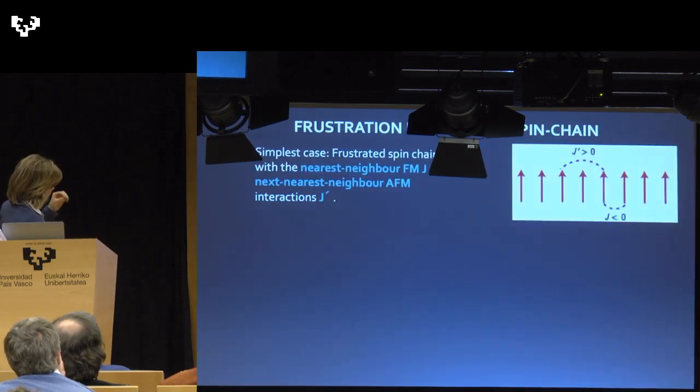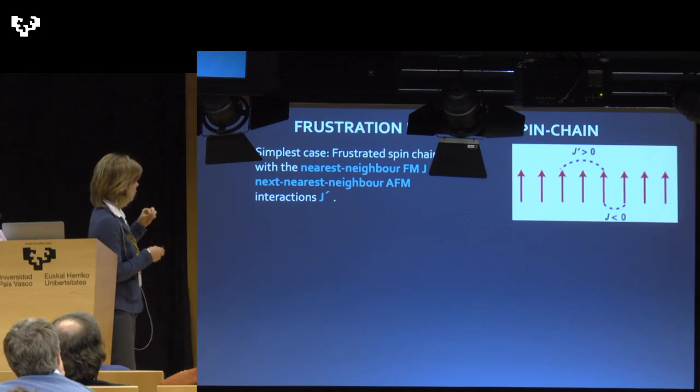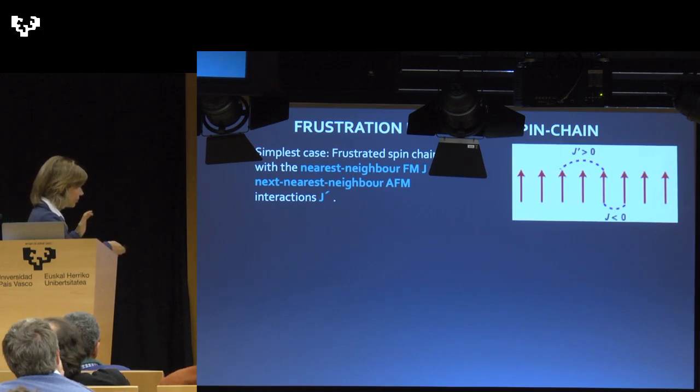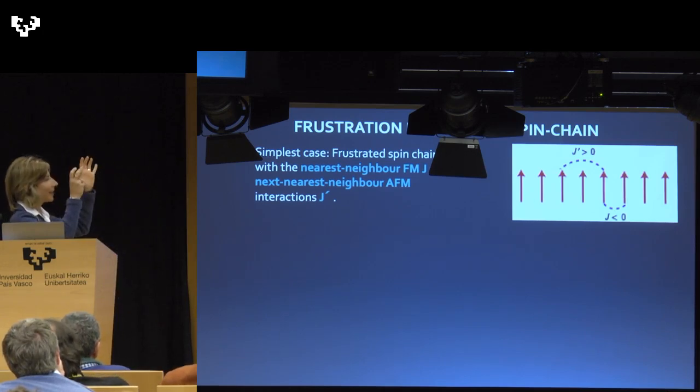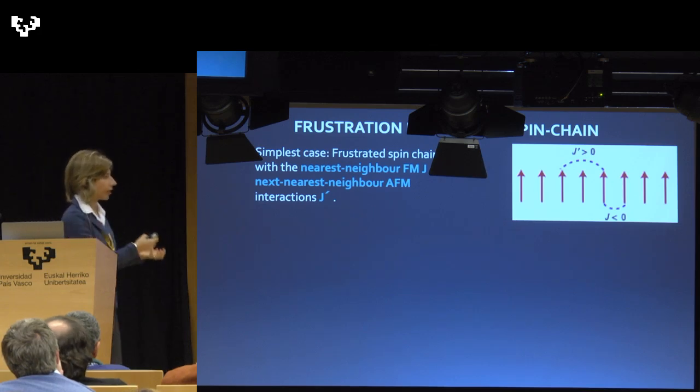So the first ingredient that we need is frustration. Frustration is in the exchange. A simple, paradigmatic example of frustration is a spin chain with a ferromagnetic first-neighbor coupling but an antiferromagnetic second-neighbor coupling.